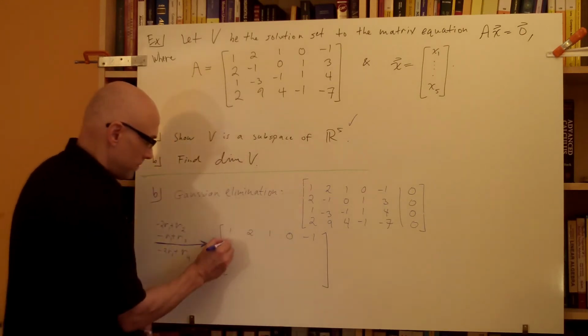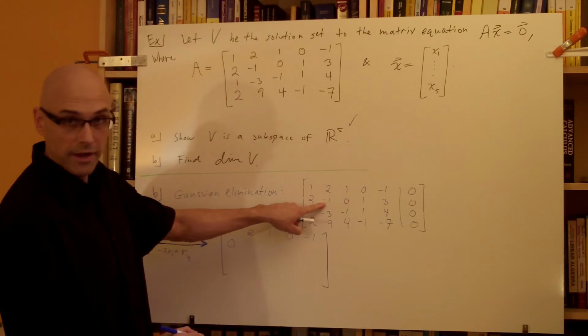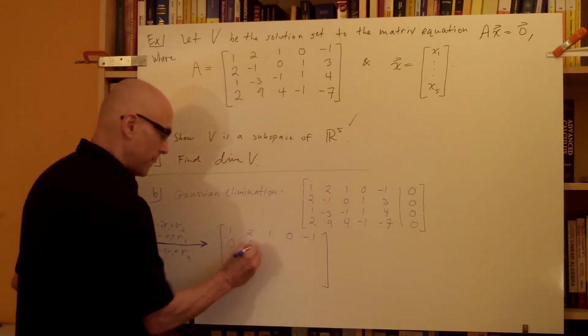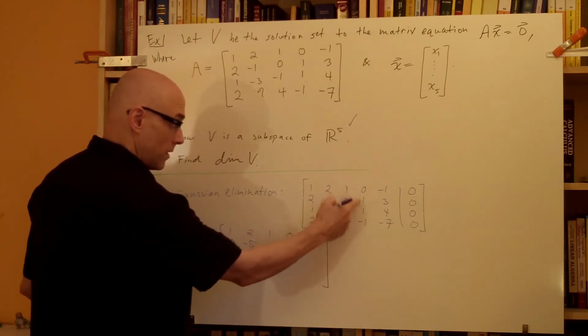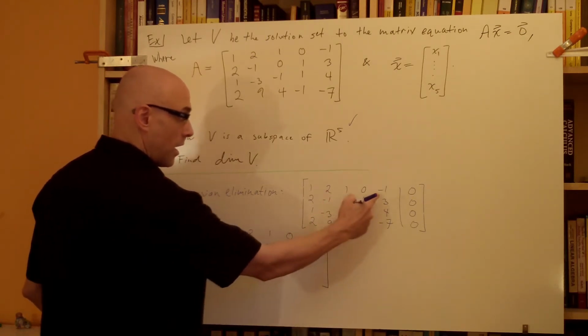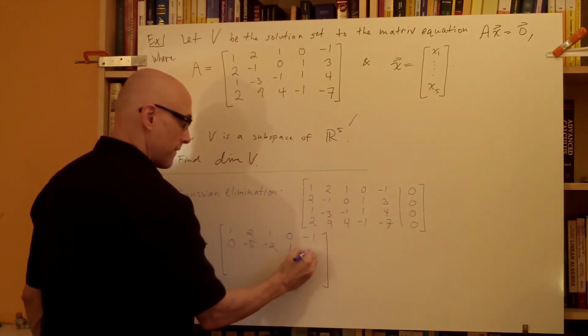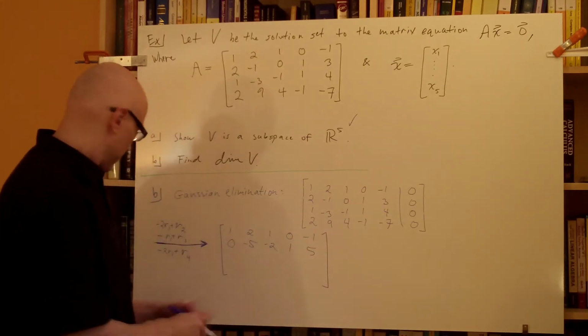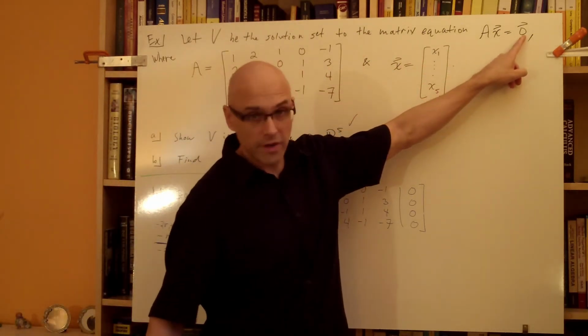Get a 0. That's -2 times 2, which is -4, added to -1, we get the -5. Here you're going to get a -2. A 1 stays there. And that gives you 2 plus 3 is 5. Now this is a homogeneous system, meaning there's a 0 vector on the right-hand side.